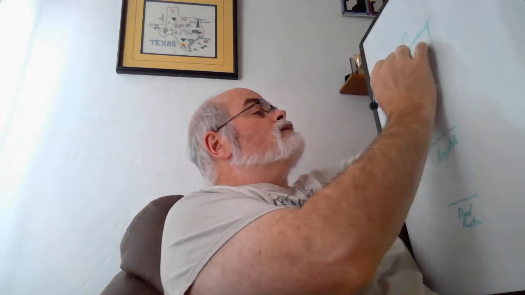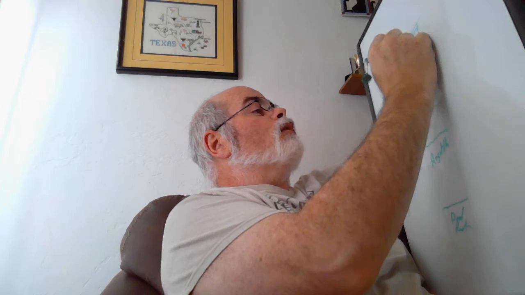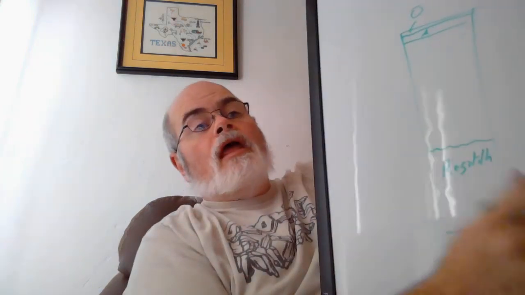The O horizon is nothing but organics. Below the O horizon is going to be the A horizon. The A horizon is going to be the area where you have organic and mineral matter mixed together. This is where you have most of your biological activity occurring.